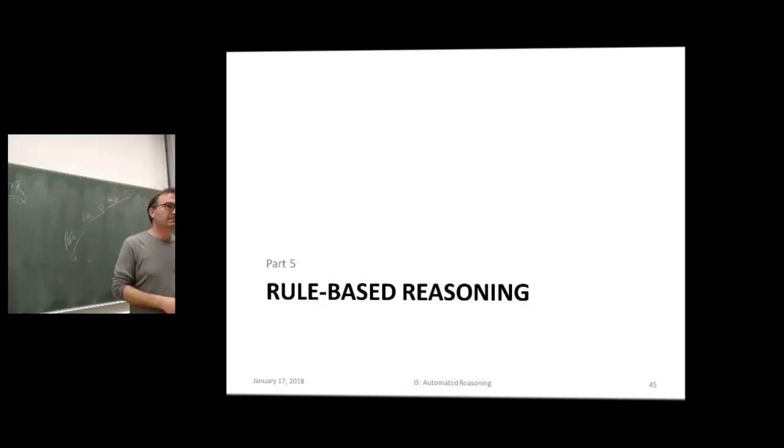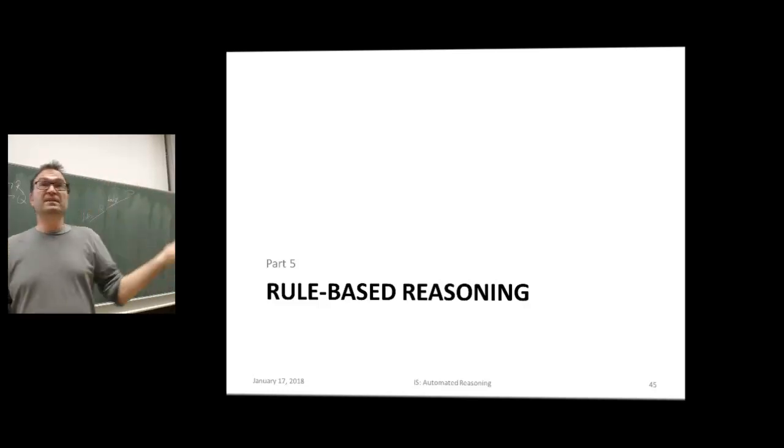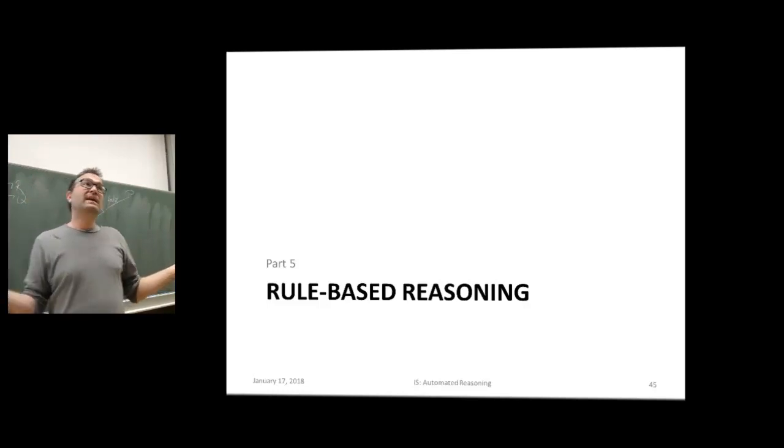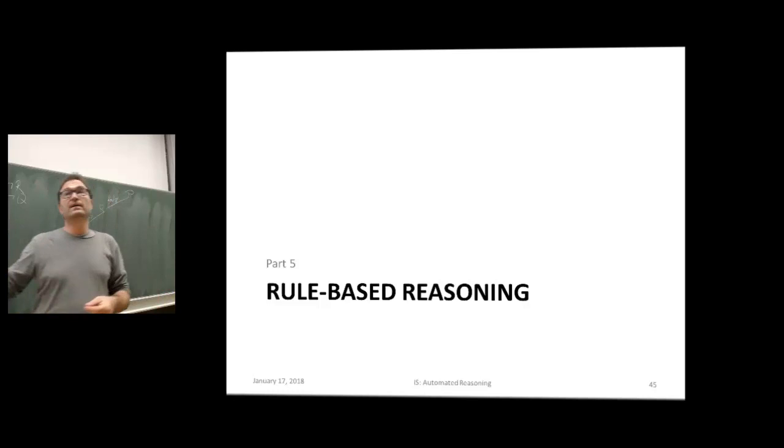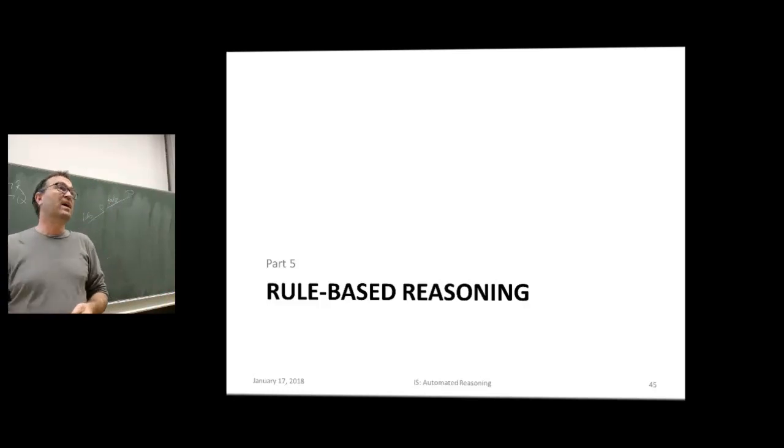expressive languages. Because if you think of first-order logic that we discussed yesterday and on Monday, remember that we can have large, even infinite domains in the first place, and even worse, that we can have recursion in the definition of functions.